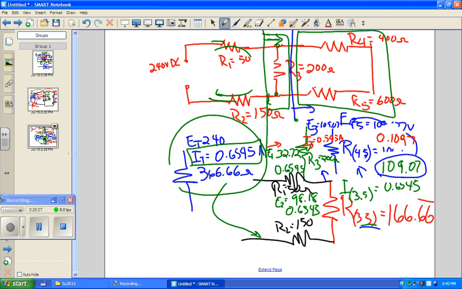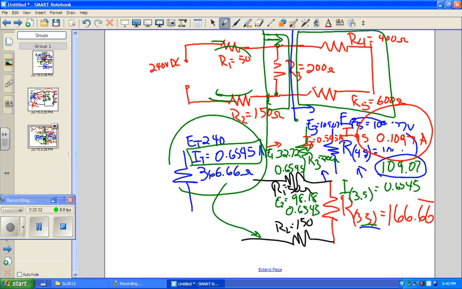Okay, so 109.7 milliamps is our current through 4, 5. Now this right here, our 1,000 ohms, 109 volts, and 0.1097.